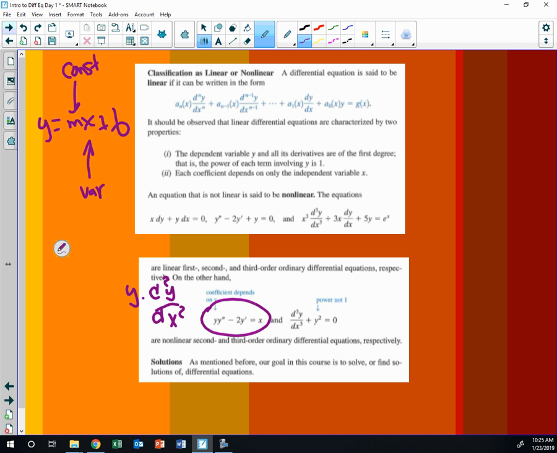You need to have this with respect to x. This can only be a constant or an x. As soon as it isn't, then it's going to be nonlinear, and it makes it a lot more complicated. D cubed y dx cubed, that one would be fine. These are going to be linear, but these are nonlinear. Oh, excuse me. This one's not linear because the y is a power other than 1.